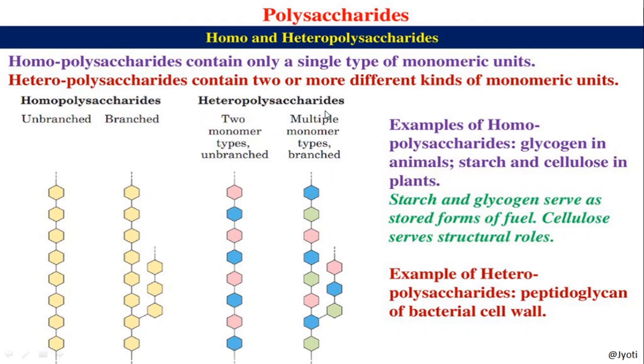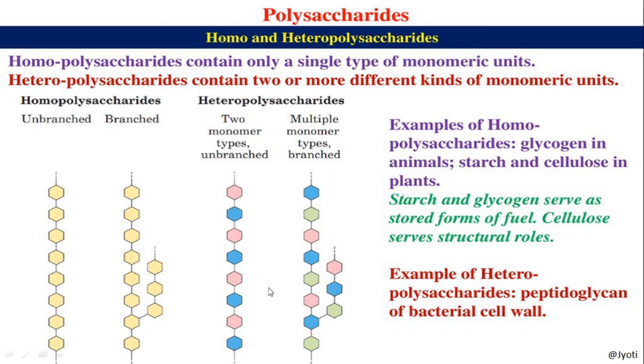Then heteropolysaccharides consist of different types of sugar units. So here the different types of sugar units are shown by different colors. They may also be unbranched or branched. Here you can see that this heteropolysaccharide consists of two types of sugar units. But here you can see three types of sugar units shown by three different colors and they are branched.